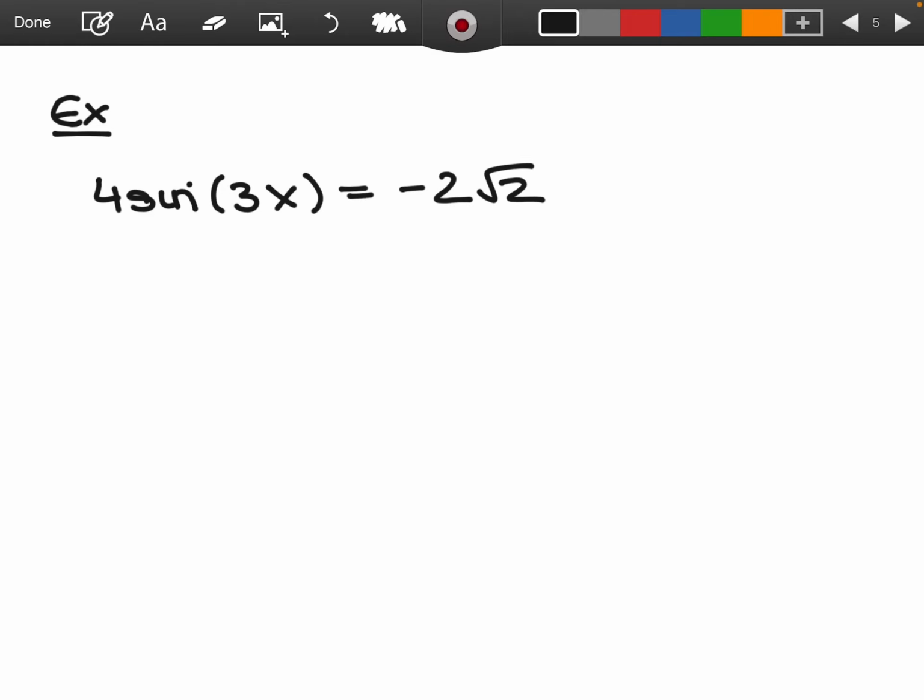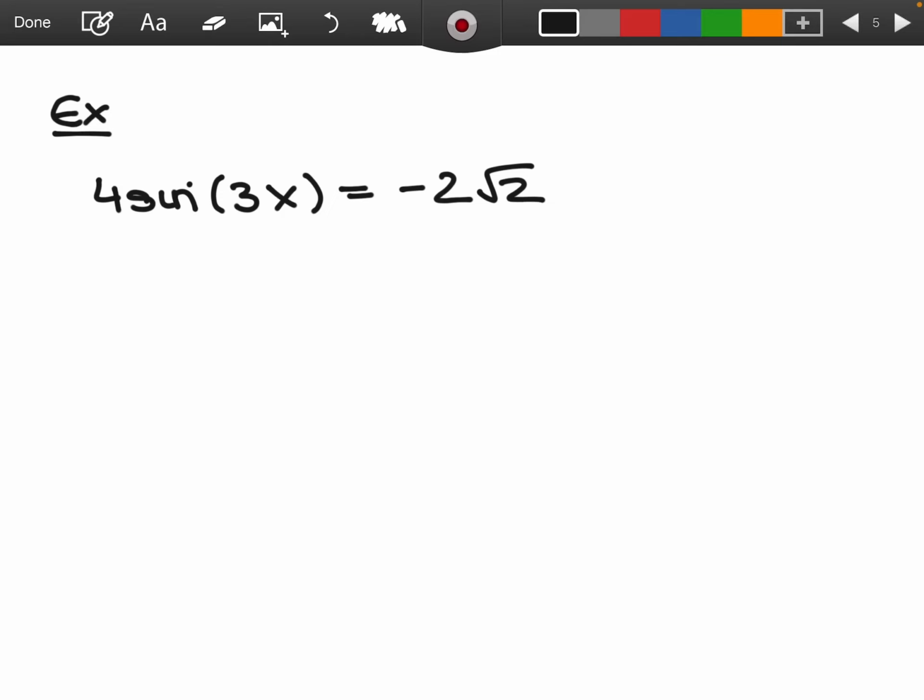What happens if the trig equation involves multiples of an angle inside my trig function? So, for example, let's look at solving, I'm trying to find all real number solutions, again in radians, to this equation.